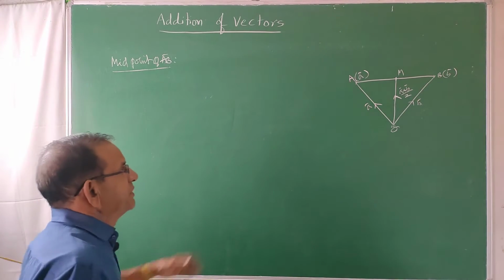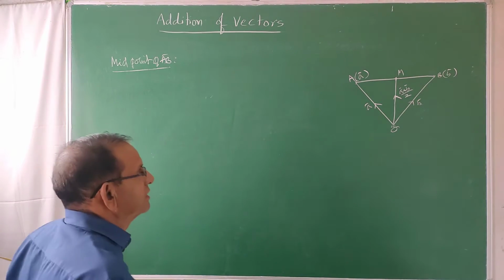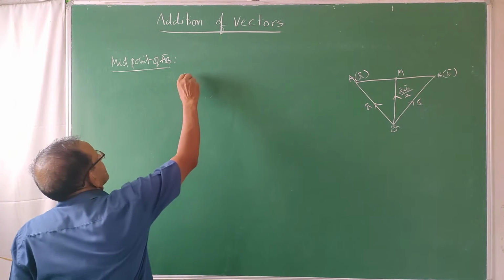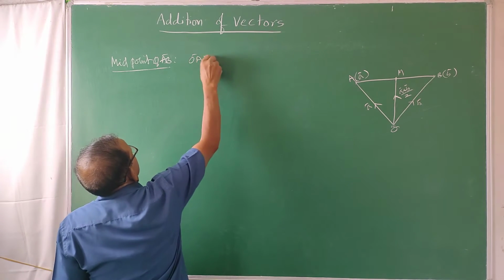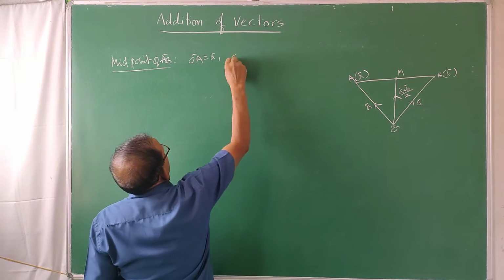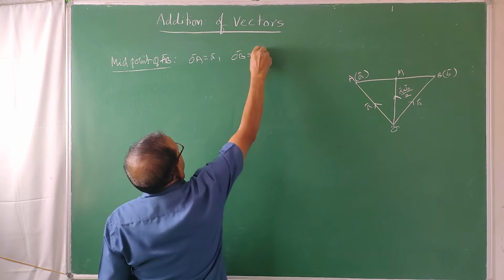Now how to get the midpoint of AB bar? Here OA bar is A bar and OB bar is equal to B bar.